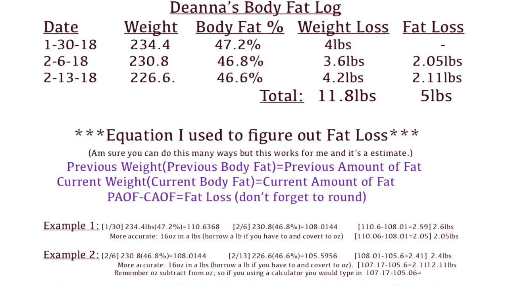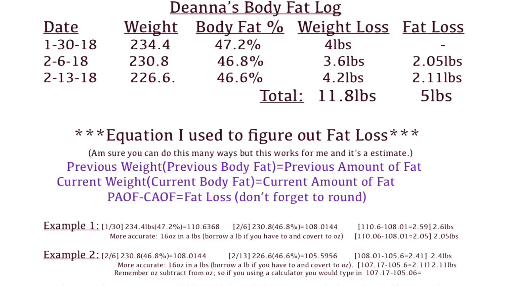For my example 2, I did the previous weight, which was the 2-6 week, 230.8 times 46.8, which was my percentage of fat. It gave me 108.0144. Once again, I rounded, so it came out to 108.01.